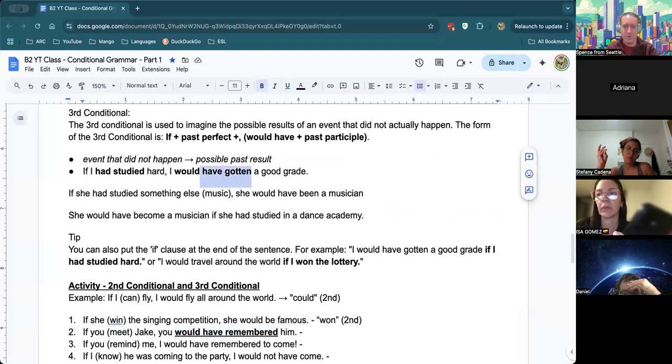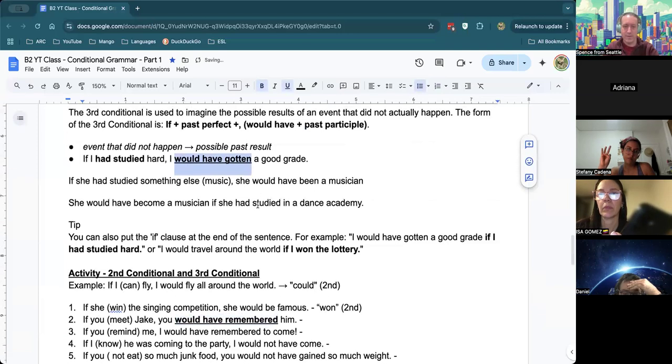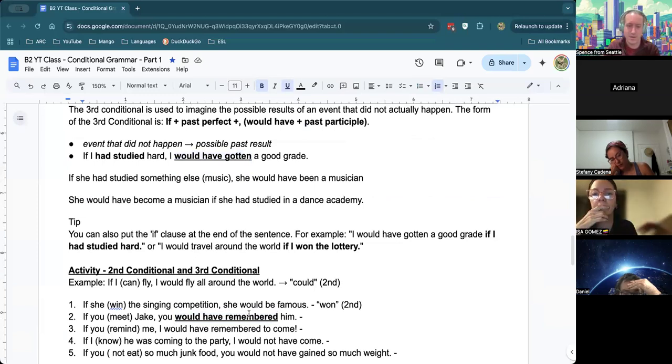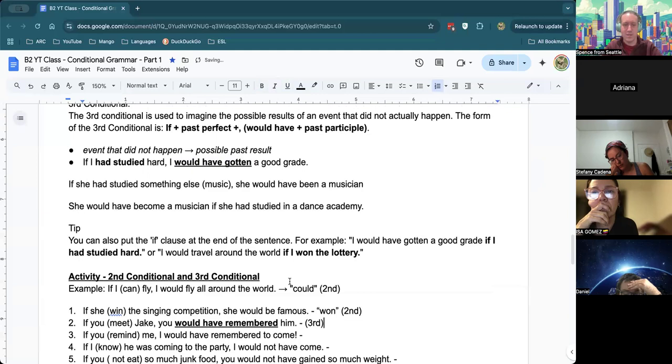So what conditional are we dealing with? You will have. Yeah, are we dealing with first, second, third, zero? Third. Third? Yeah, there we go. Okay, so we're dealing with third conditional. So how does third conditional start?